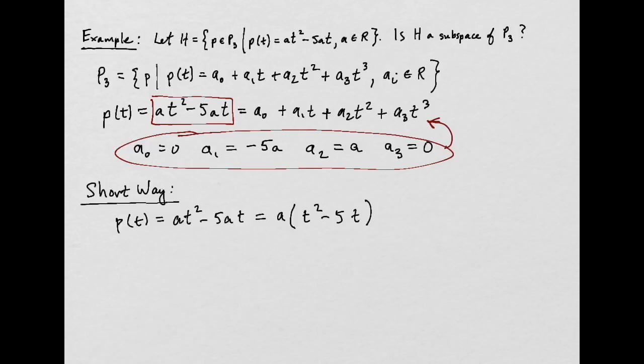So any polynomial that's in this set H is a multiple of this polynomial t squared minus 5t. a can be any number, so it's any scalar multiple of t squared minus 5t. Well, the set of all such scalar multiples is the span. So if H is the set of all of those p's, then H is simply the span of the set containing t squared minus 5t.